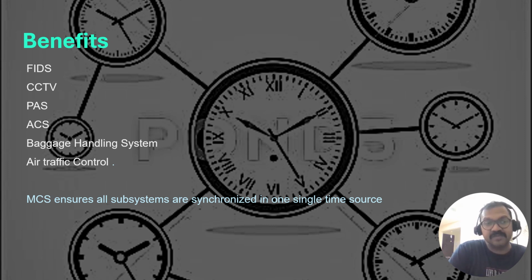Then the access control system, related to security, the baggage handling system, and the air traffic control system. These subsystems all relay the synchronized time. So the master clock system ensures all subsystems are synchronized to one single time source. This is the major importance of the master clock system.